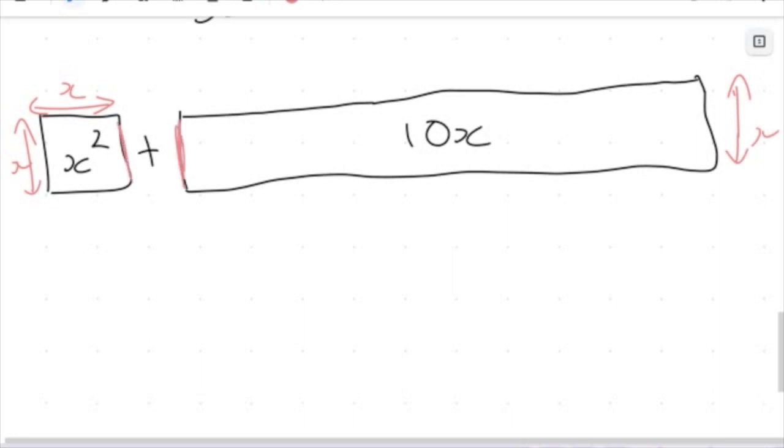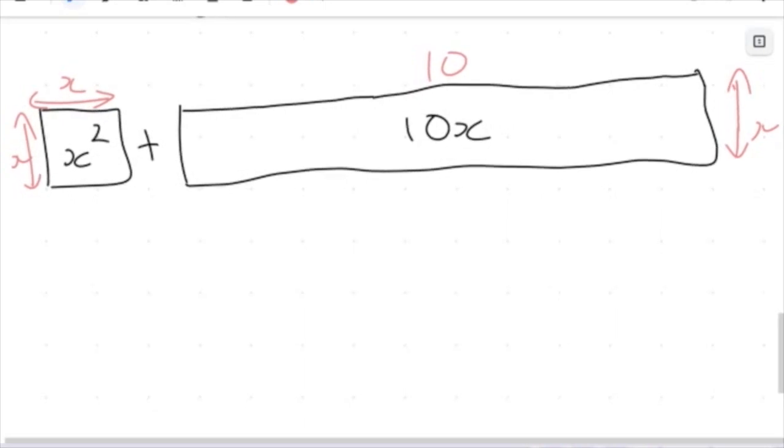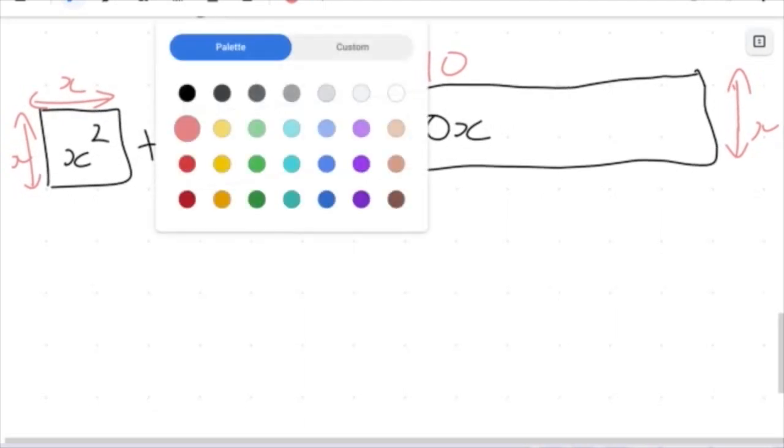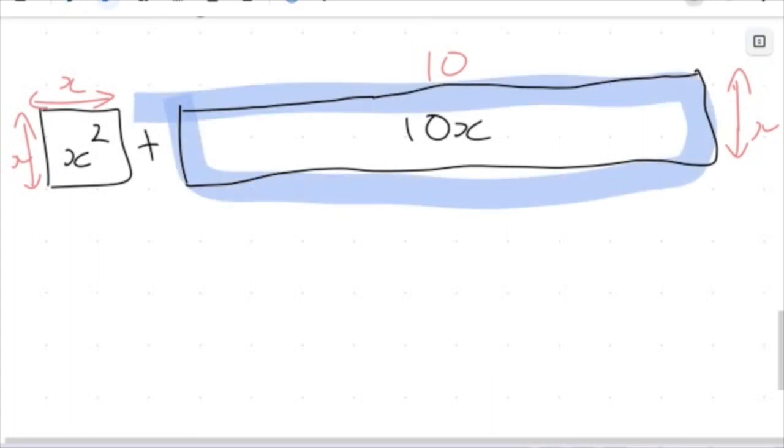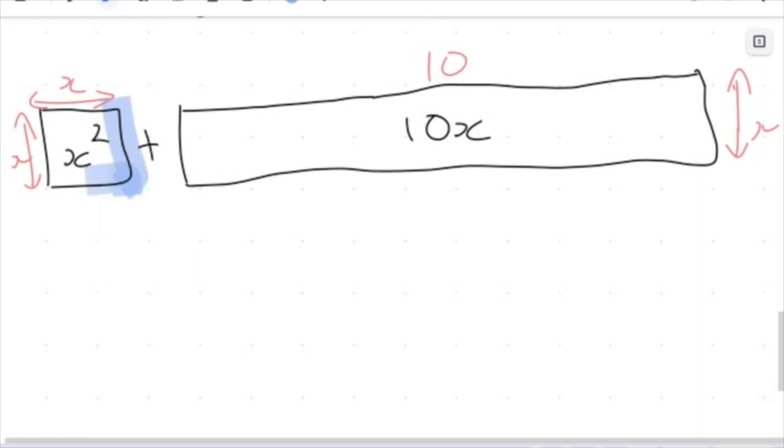These are the same lengths, x by 10. Now I'm going to do a similar thing because I can't see how this is a square right off the bat. So why don't I do some cutting and pasting to break this guy here into two bits and paste those to these two edges and then make a bigger square out of this.